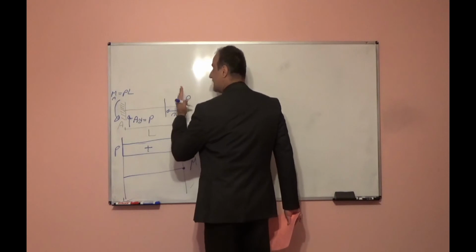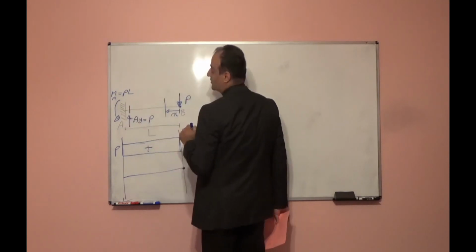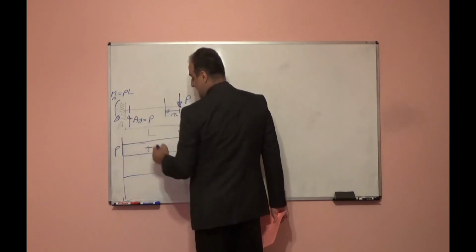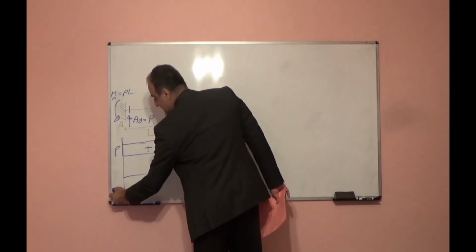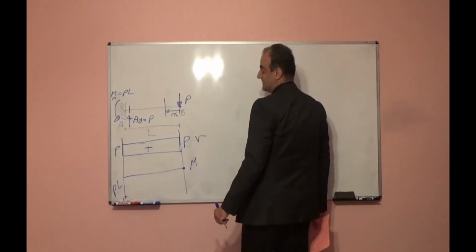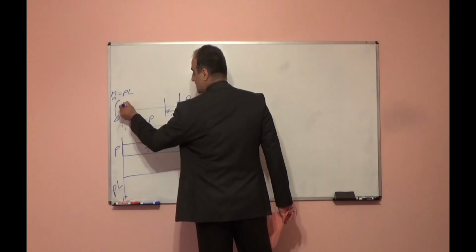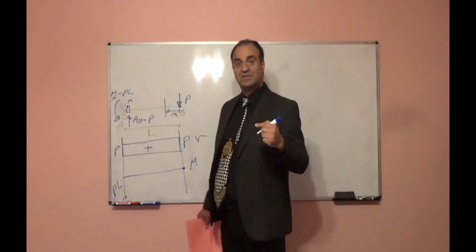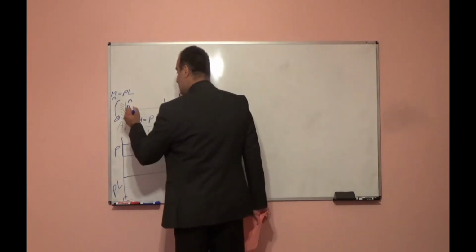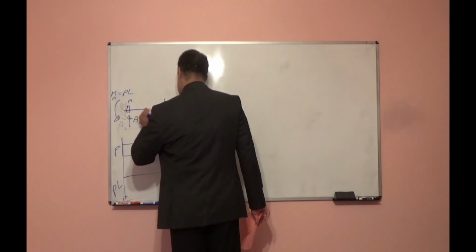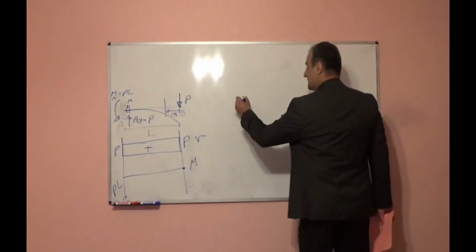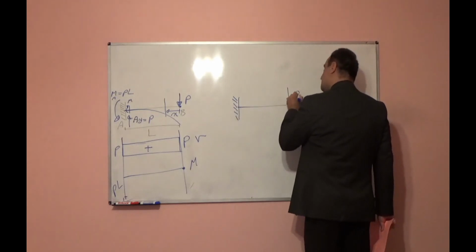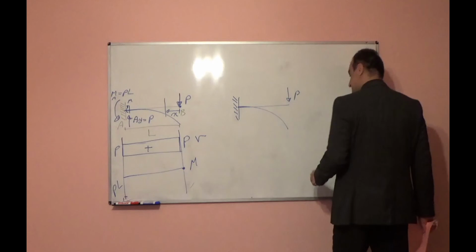If I move from right to left, just before the support, if I cut it, what is the moment? It means P times L. The magnitude is PL. Negative or positive? First of all, this is the internal moment direction, so if I write the equilibrium equation, I will find negative. Even if I visualize deformation, this beam will deform like this. If you have a balcony or cantilever beam and apply force here, it will bend like this.